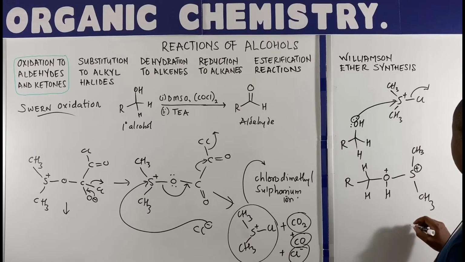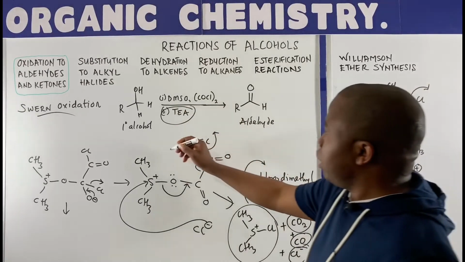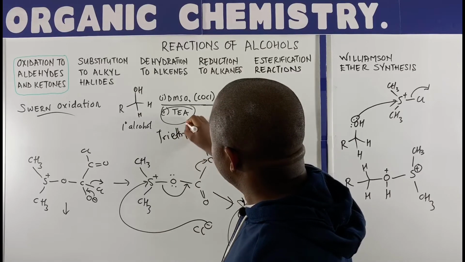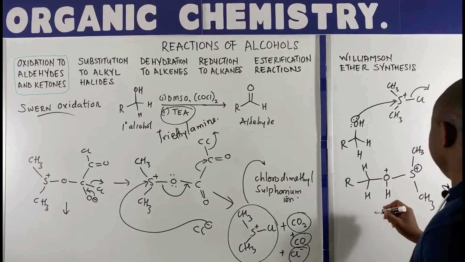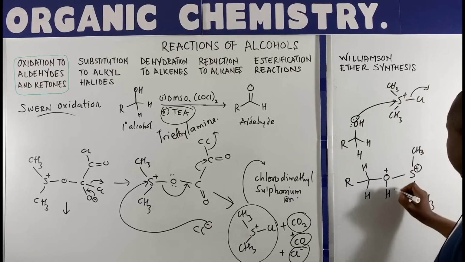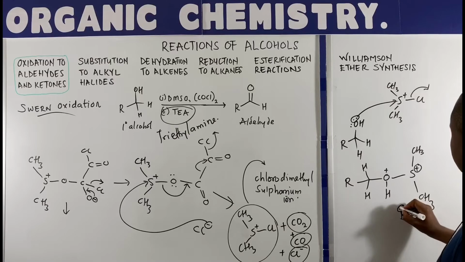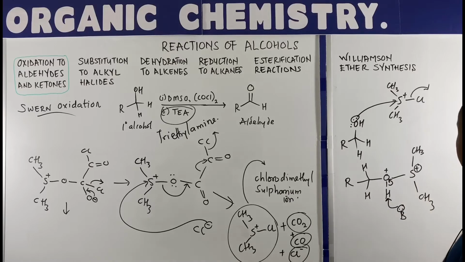And remember, we're using TEA. TEA is triethylamine. Triethylamine is a base. So it's going to basically pick up this proton. So let's just represent the base as B. It's going to pick up this proton, and the electron moves onto the oxygen, so that we have this.